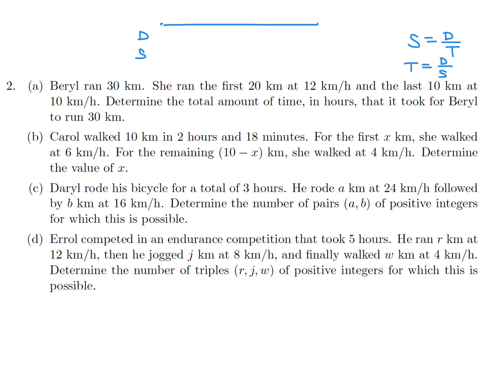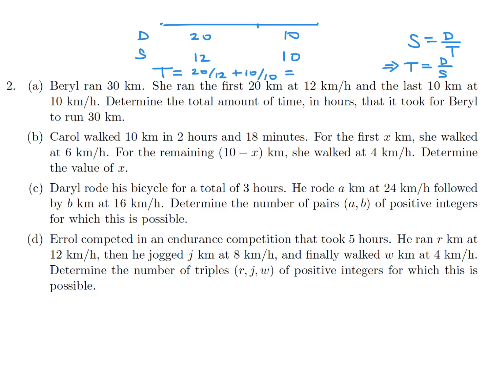Okay, so for the first 20 kilometers, the speed is 12. And for the next 10, the speed is 10. So the total time would be, using this formula, 20 over 12 plus 10 over 10.